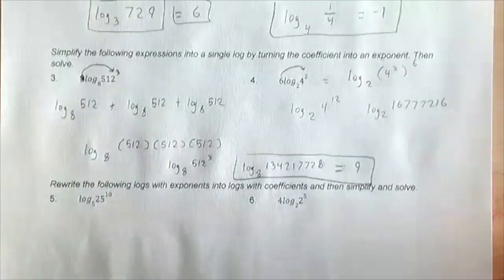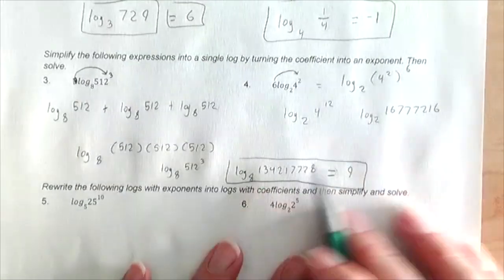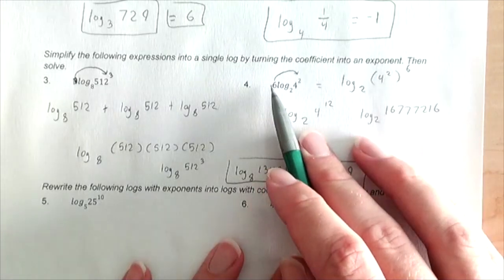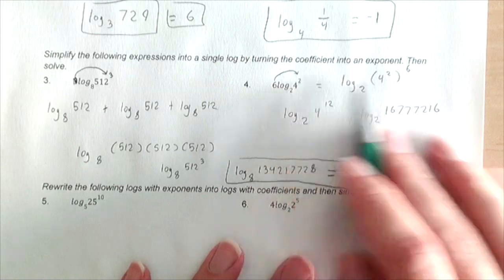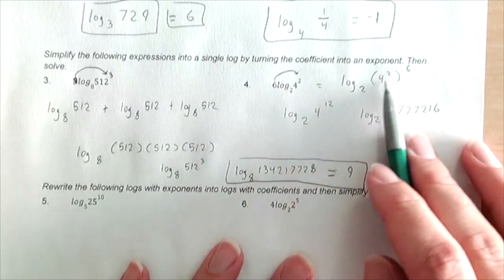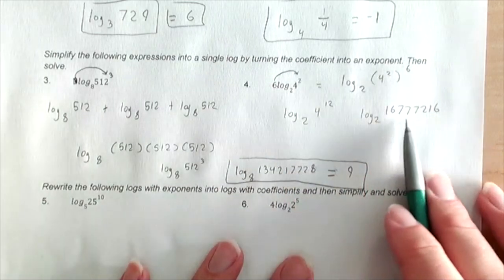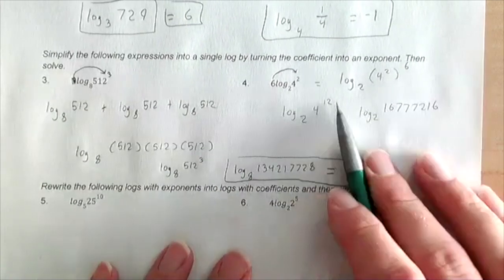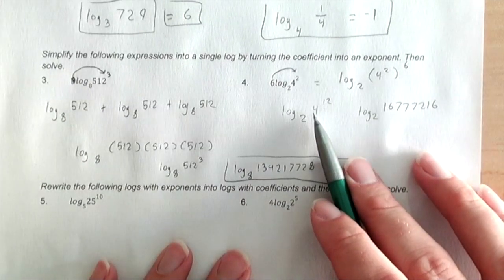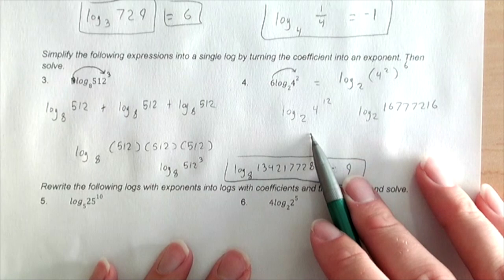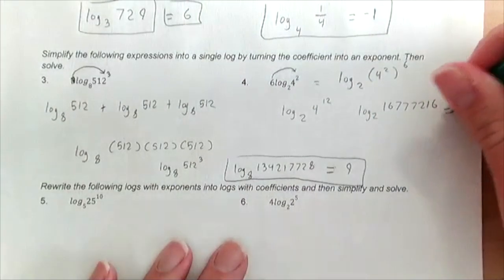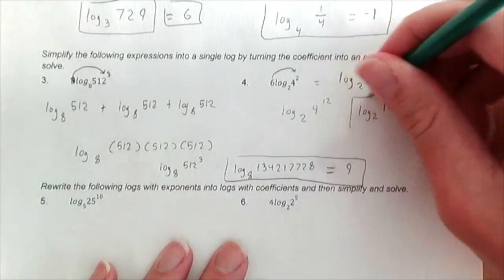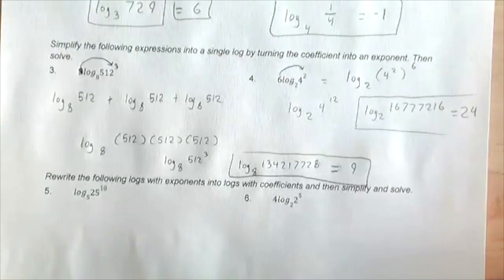I think I did that second example kind of quickly, but I hope that you can see the logic, right? We don't want this outside number, so we bring it to the top, which becomes the exponent of the top number, right? So this log is going to be the 24th, okay? Because if it's 4 squared, then 4 to the 12th is 2 to the 24. We can check our work though.